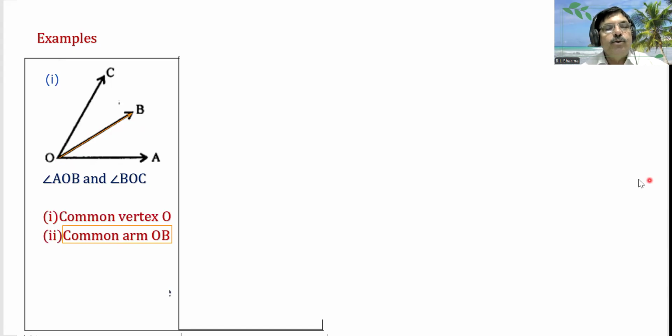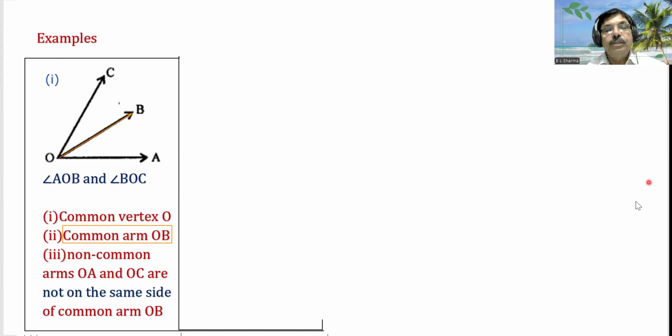The third condition is that the non-common arms OA and OC should not be on the same side of the common arm. It should lie on the different side of the common arm. It is a different side: see, OA is on the right side of the common arm OB, and OC, the non-common arm, is on the left side of the common arm. So we can say that the non-common arms OA and OC are not on the same side of the common arm OB, means on the different side of the common arm OB. That is why we can say that the two angles AOB and BOC are adjacent angles.